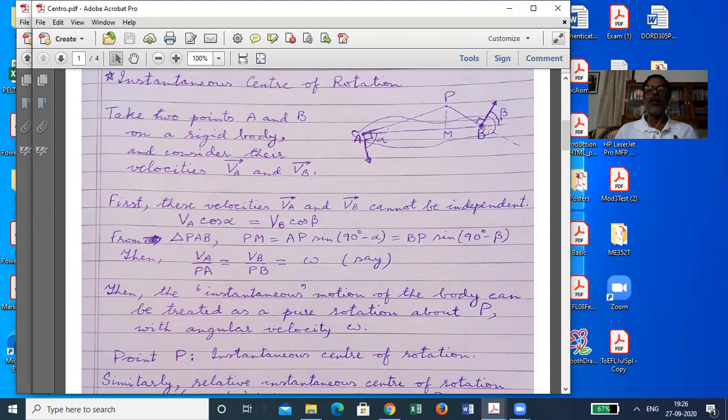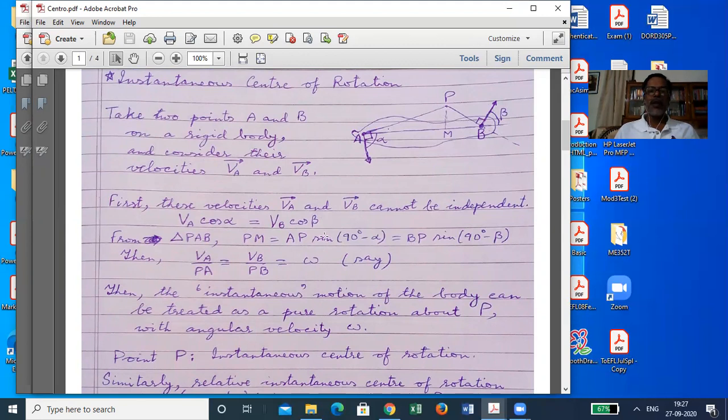PM is equal to BP times sine of this angle, which is sine of 90 degrees minus beta. This is cos alpha, this is cos beta.